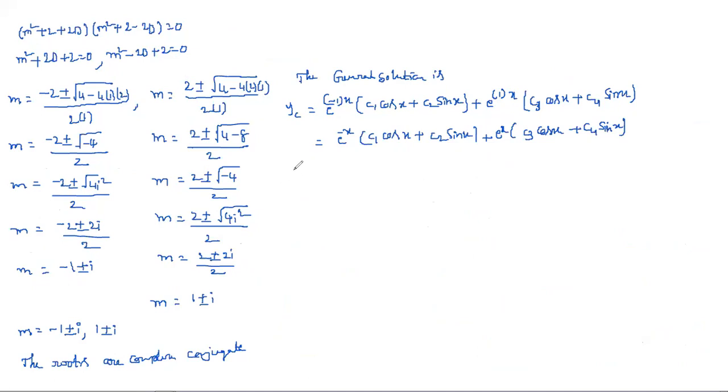So here it is. d square x by dt square plus 5 into dx by dt plus 6x is equal to 0. So this is the question. And along with that, the conditions they mentioned are given: x of 0 is equal to 0 and dx by dt of 0 is equal to 15.